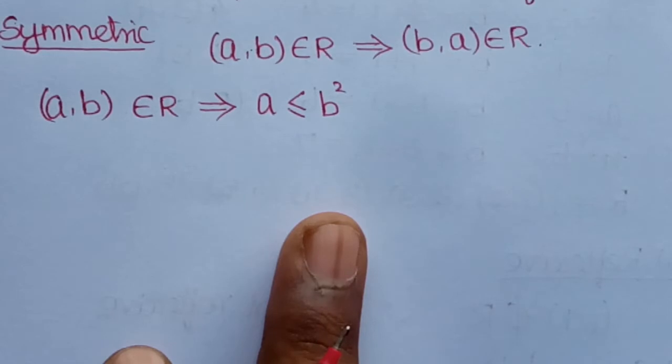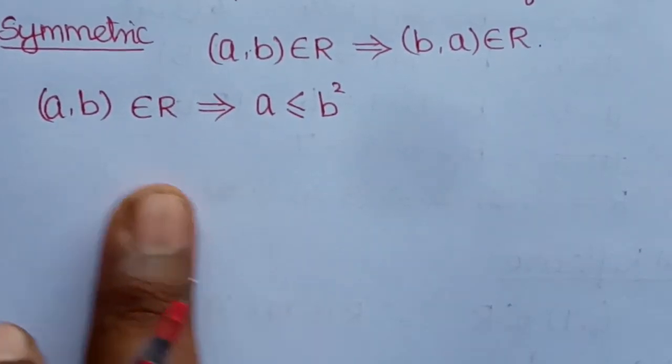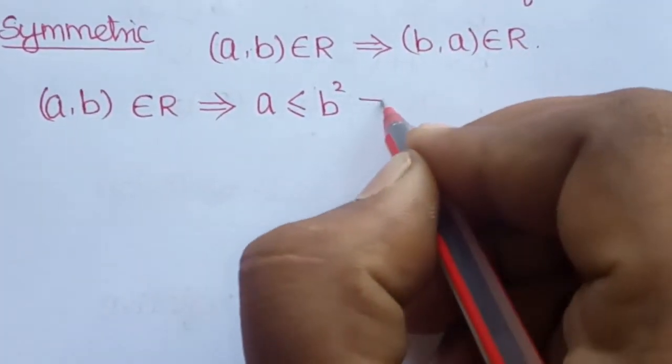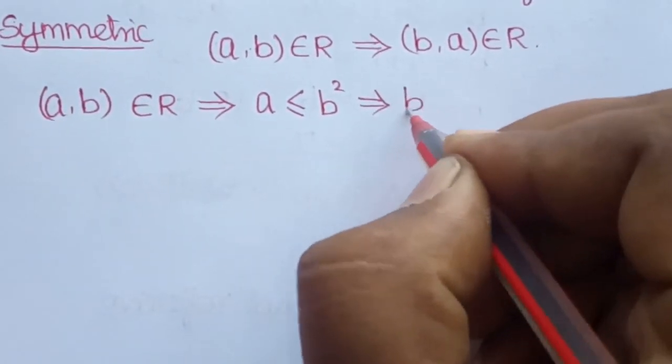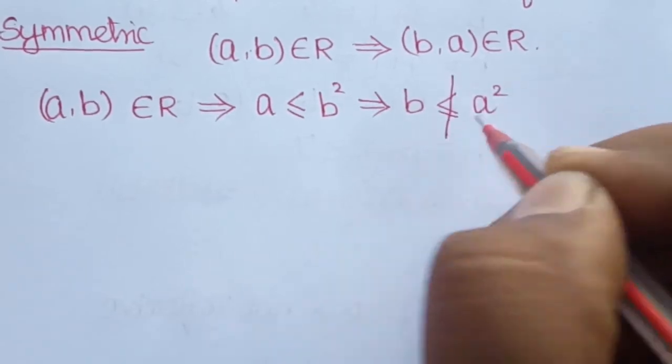So for example, that implies B less than or equal to A square does not hold.